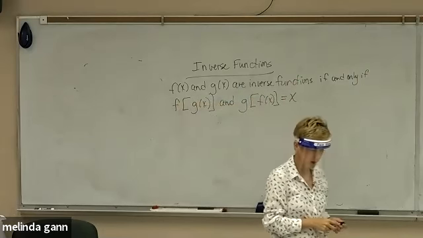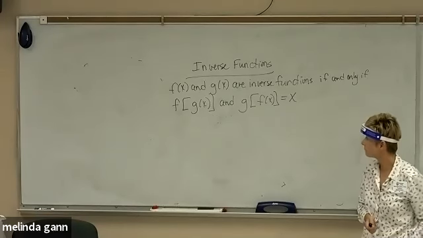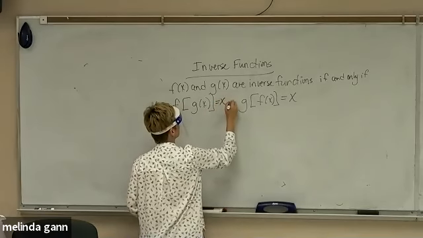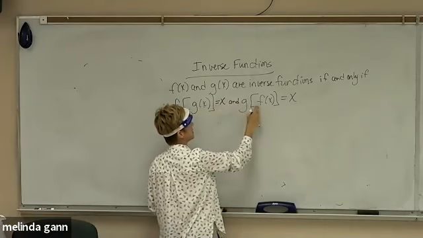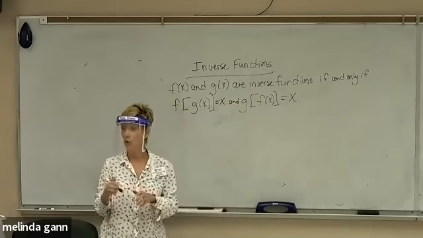It's got to work both ways. So you might want to write it this way just to emphasize. So f composed with g of x equals x, and g composed with f of x equals what? x. It's got to work both ways.